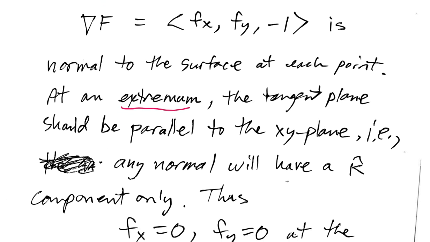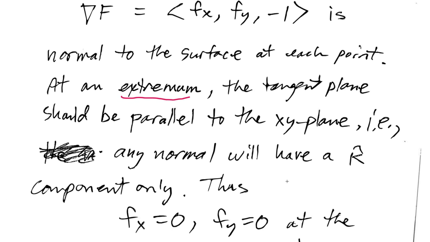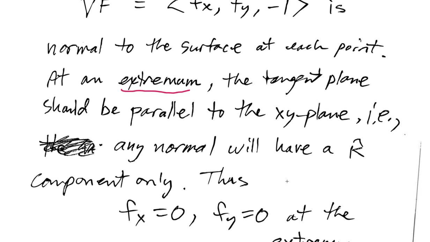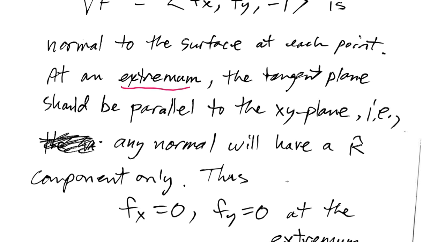Any normal then would have a k component only. Does that make sense? Any plane that's parallel to the xy plane will have a normal which is a multiple of k. We'll have a normal that is k, actually, but any non-zero multiple of k would also be a normal.